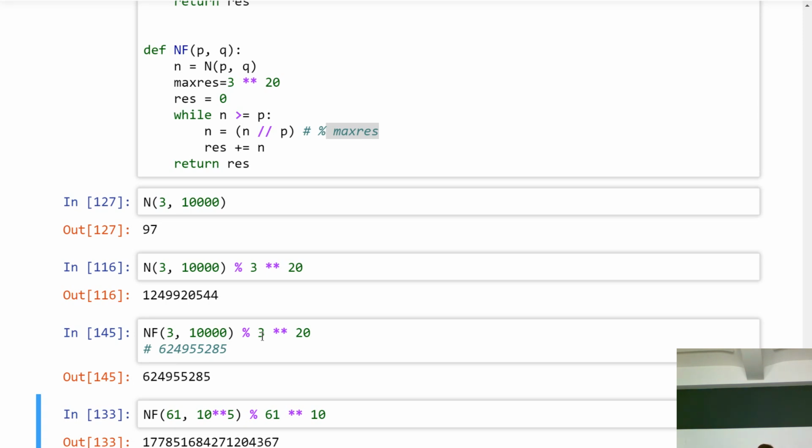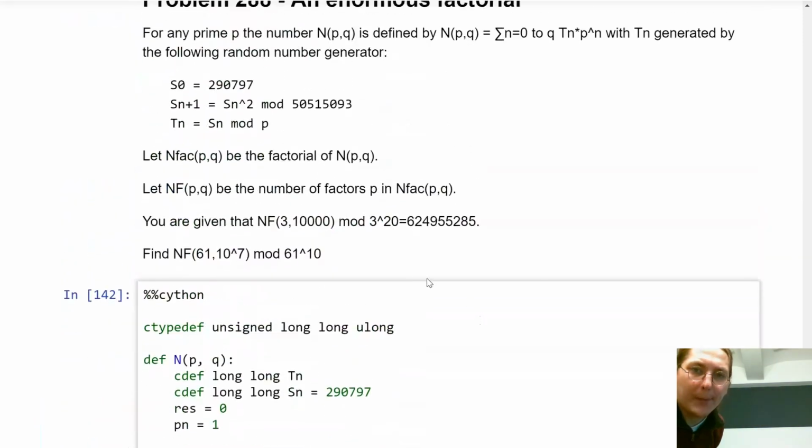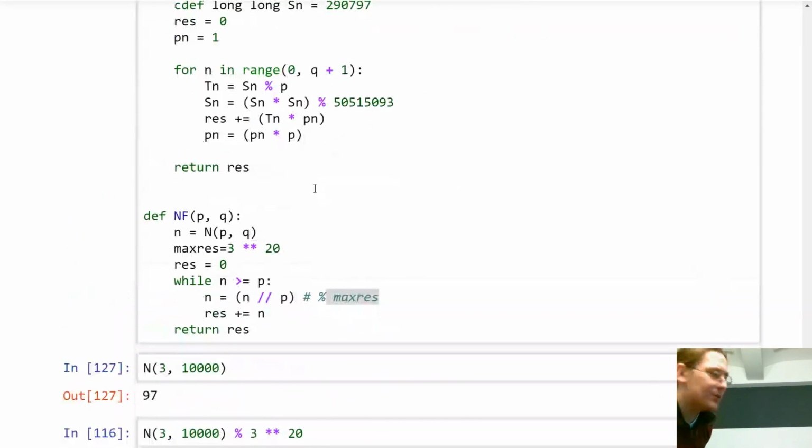So this is basically from here to here, right? This is the number of, let's say small nf, the number of elements here. No, it's just the number. So this is our small nf.